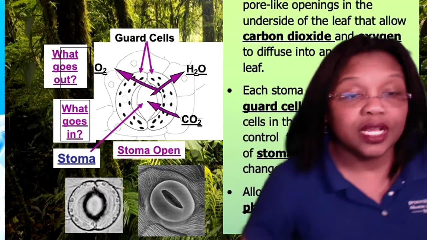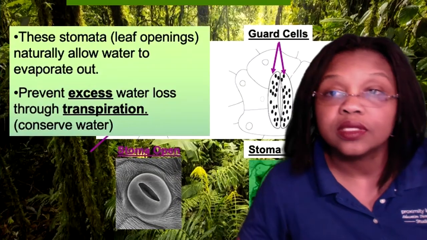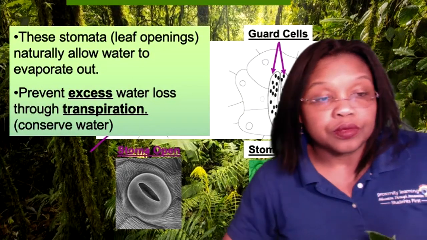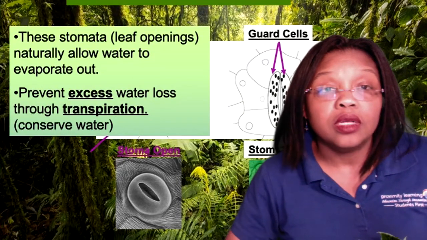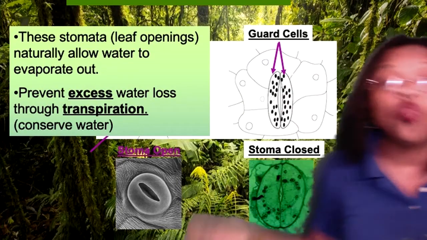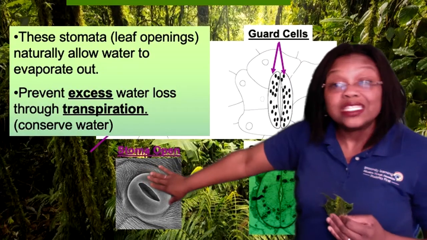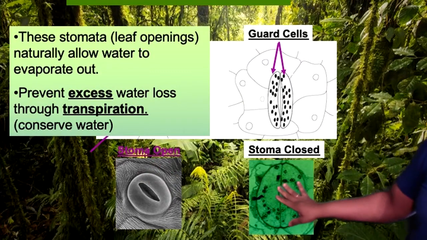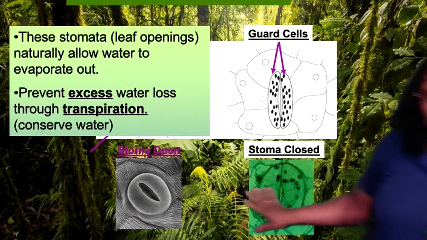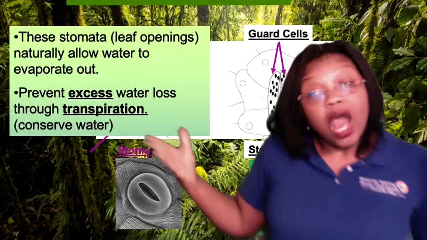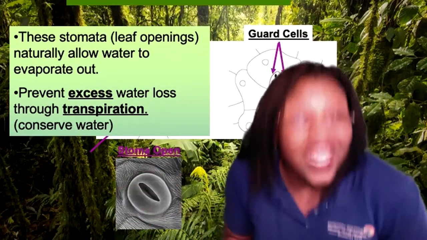So, for instance, the stoma, when it's open, can release water. When it's closed, it doesn't. So this is how the plant can control how much water it loses and when it loses it.